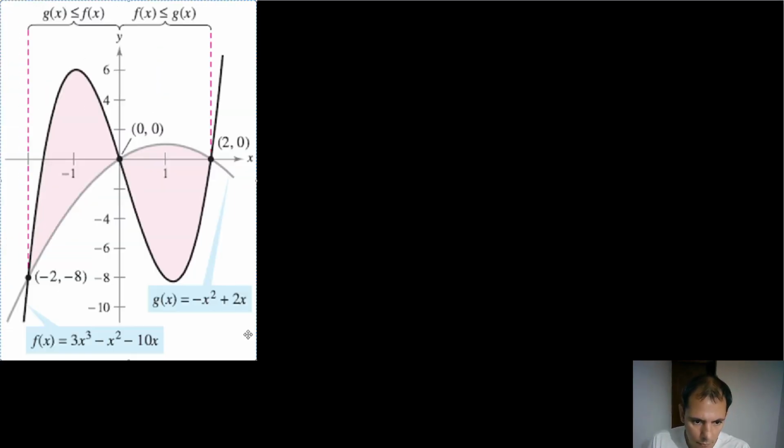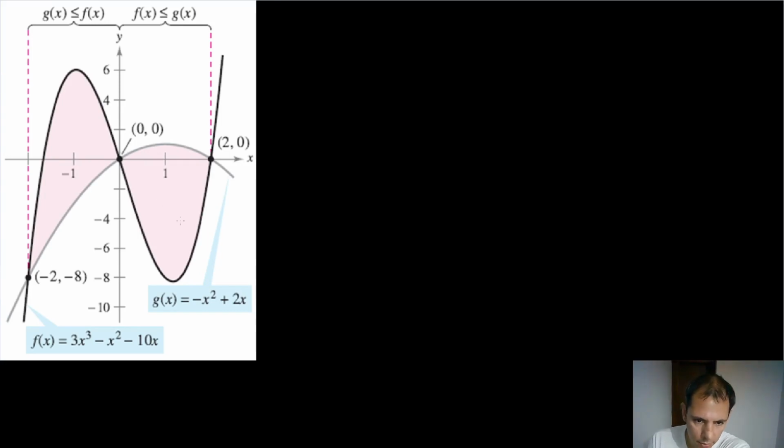Now, got another one here. Interesting. You see? In here, the F is the black curve and the G is the gray curve. You can see that the F is on top from -2 all the way to 0, from x equals -2 to x equals 0.